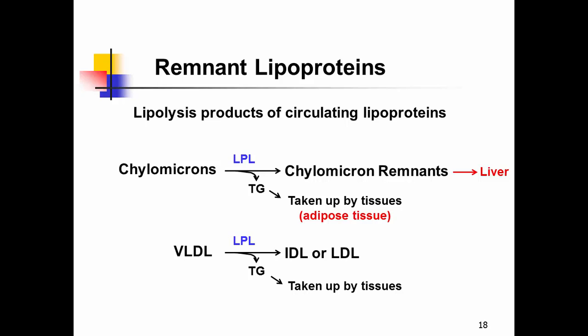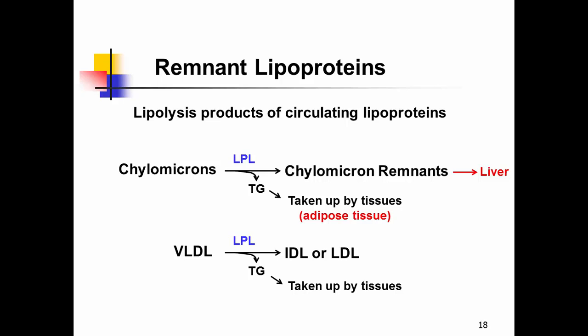And the adipose tissue picks up most of the triglyceride in the chylomicron, but there is still some triglyceride left in the chylomicron, right? Once the triglyceride is picked up by the adipose tissue, the leftover is called chylomicron remnant.